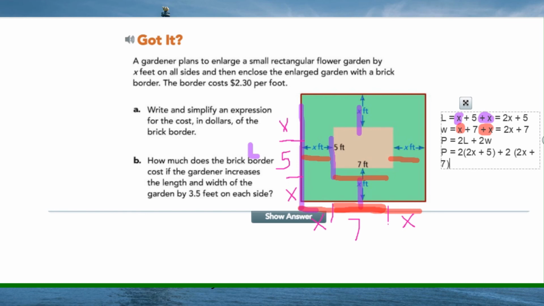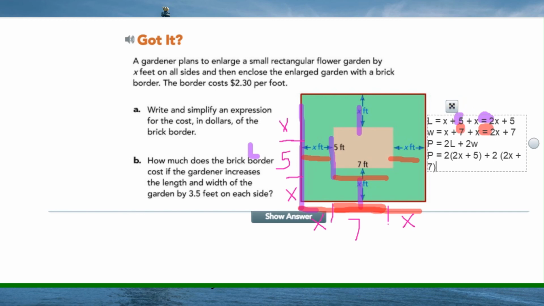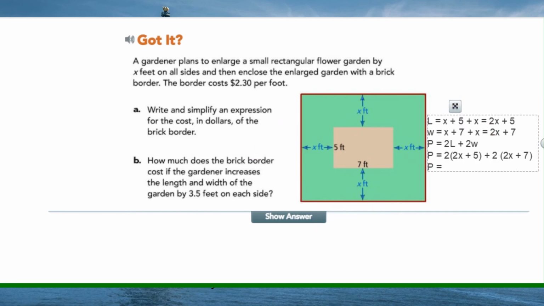Now we have to distribute that. So once we distribute that into the parentheses, we get P equals, and then we do 2 times 2x, which is 4x. And then we do 2 times 5, which is a positive 10. 2 times 2x is a positive 4x. And then we have 2 times 7, which is a positive 14.